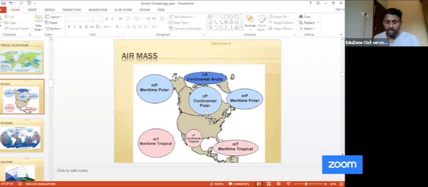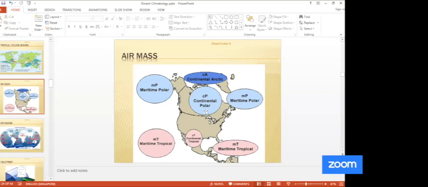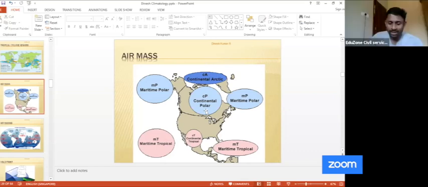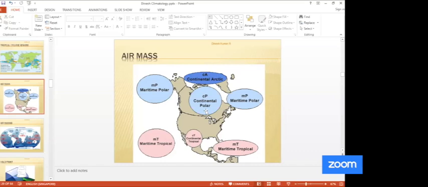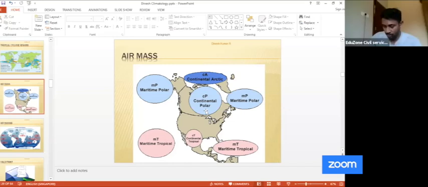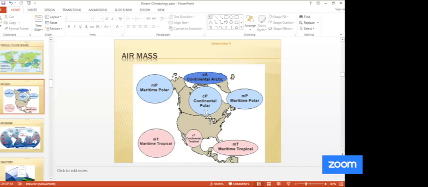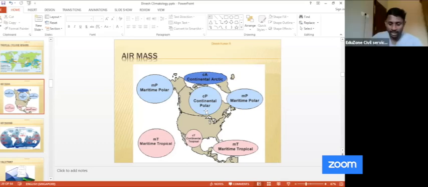A front is a sloping boundary surface formed due to convergence of two drastically different air masses. Please underline drastically different. If the same type of air masses interact, you will not get a front; only when different types of air masses interact will you get a front.